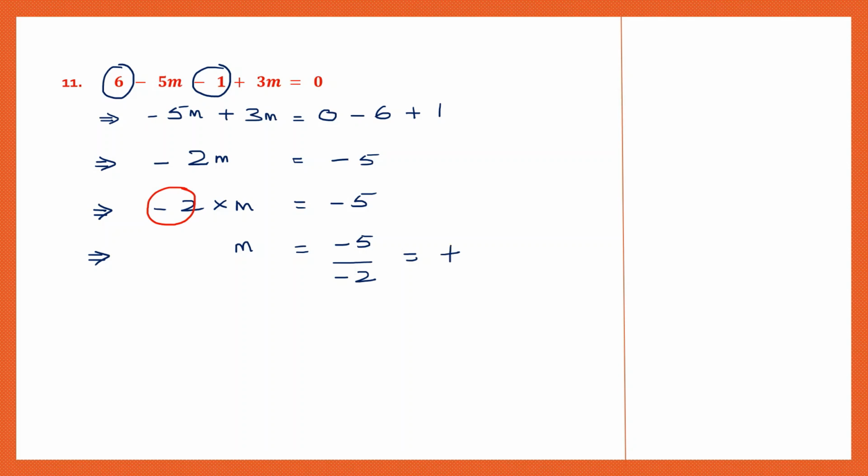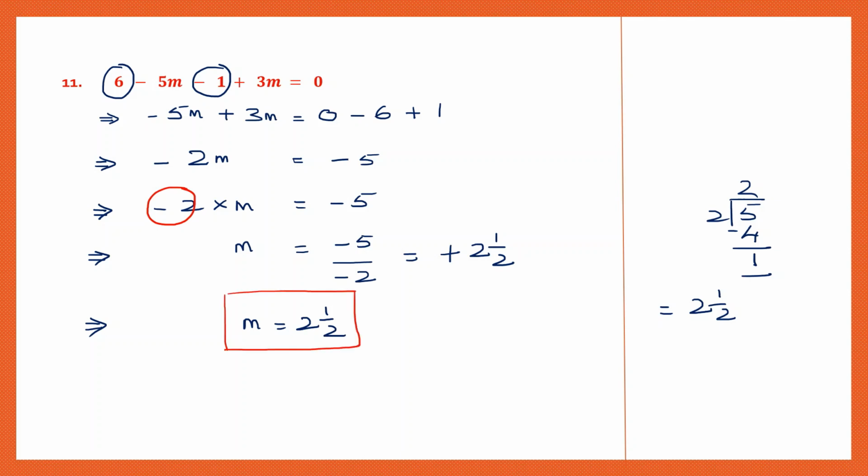Now we have to divide 5 by 2. 5 divided by 2. 2 twos are 4, minus 1. So here what do we have? 2, 1 by 2. So plus 2, 1 by 2. So that means we have found the value of m, 2, 1 by 2. So m is equal to 2, 1 by 2.